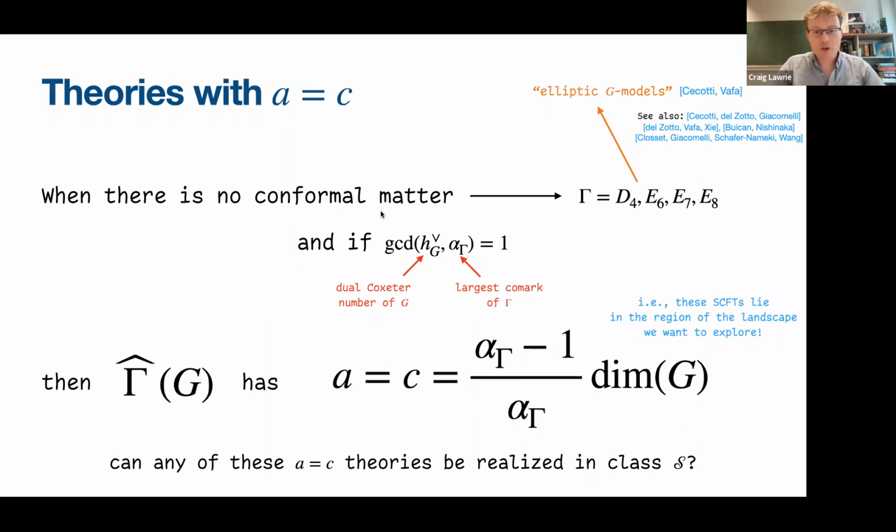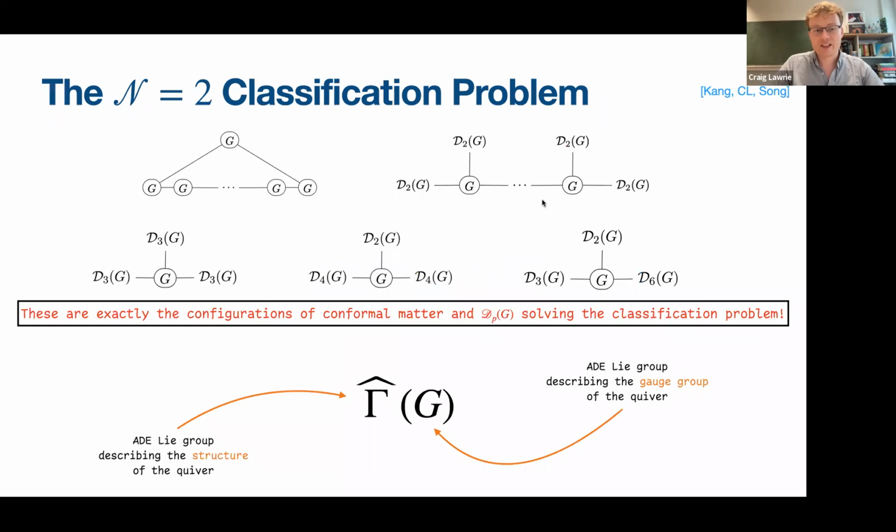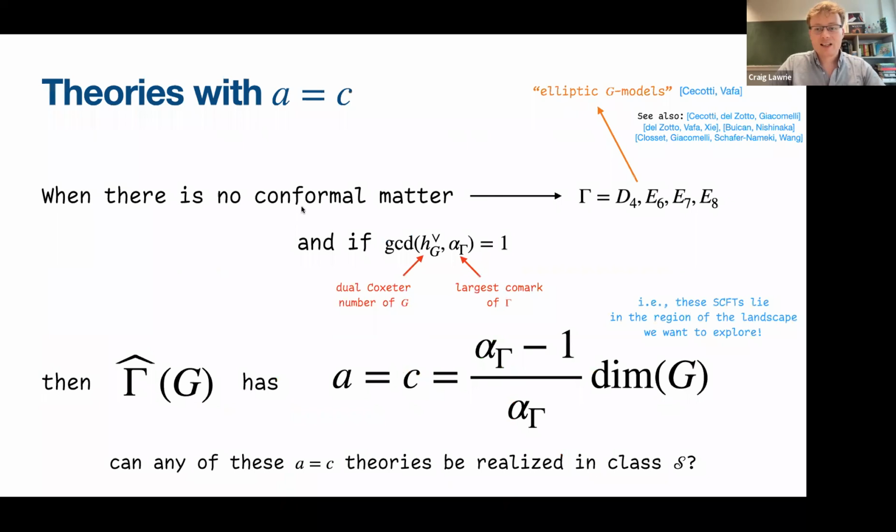When there is no conformal matter, i.e. when gamma is D4, E6, E7, E8, as you can see right here, these ones always have conformal matter. And if the greatest common divisor of the dual Coxeter number of G and the largest comark of lambda is 1, so if they share no common divisors, then the theory has identical central charges. So that's part of the region that we're interested in exploring.